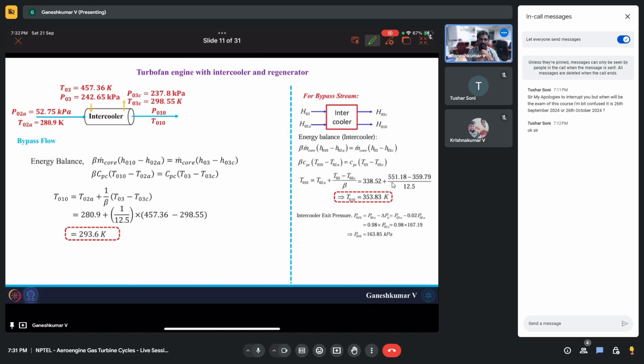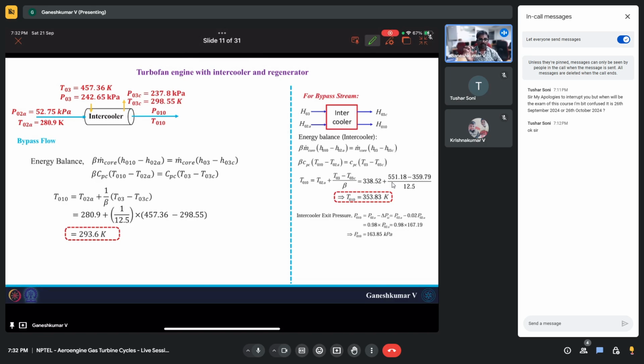That is because the bypass ratio is 12.5. The mass flow rate is very high compared to the mass flow rate in the core stream. So the core stream has to change a lot in order to give this 13 Kelvin difference in the bypass flow. Okay, so that is something to think about, how it happens.